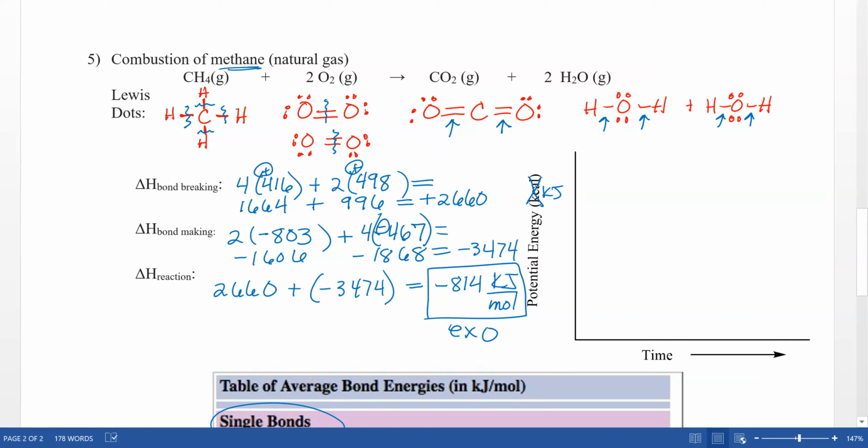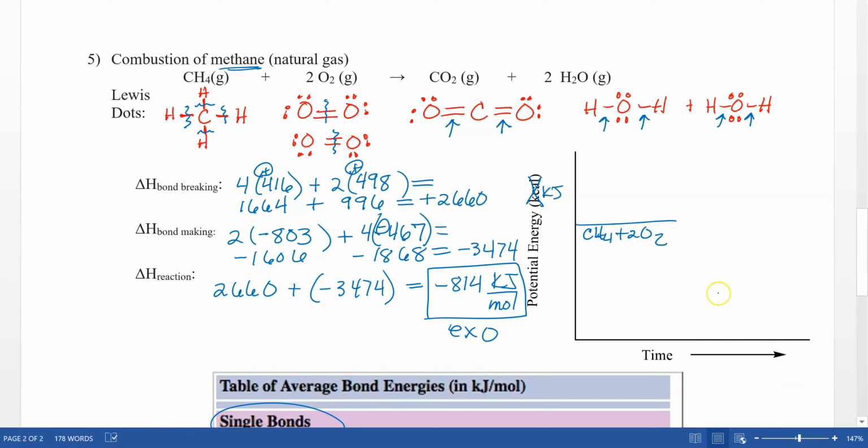Okay, just really quick, let's make a quick diagram. The concept is that we know it's exothermic overall, and we know that it took less energy to go up and more energy when you went down. So overall, it's a net downhill. I'm going to start around here, and these are going to be our reactants, our CH4 and our 2 O2s.